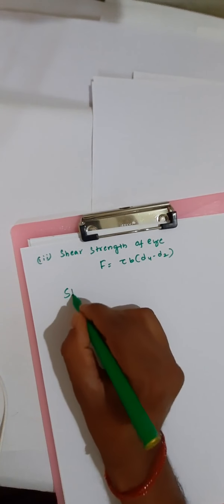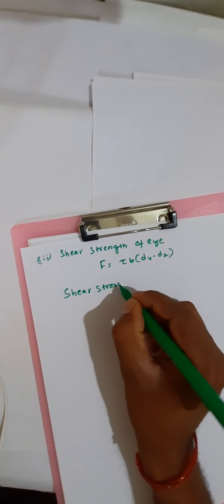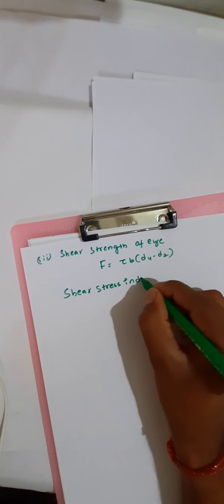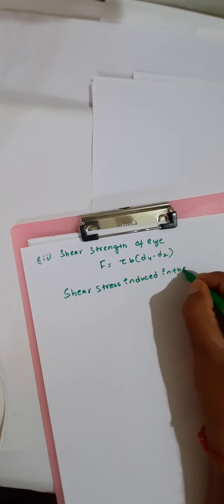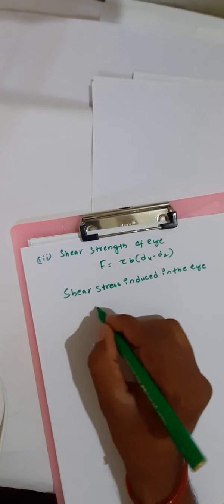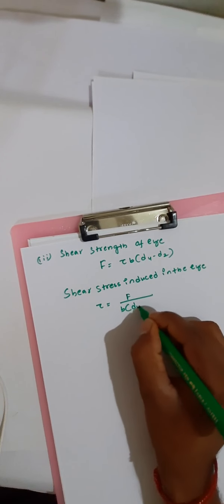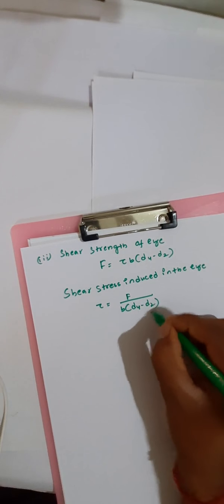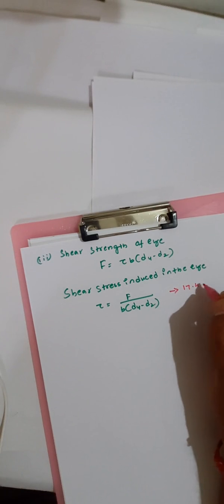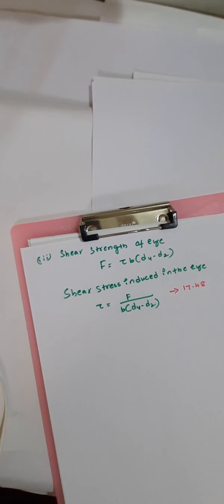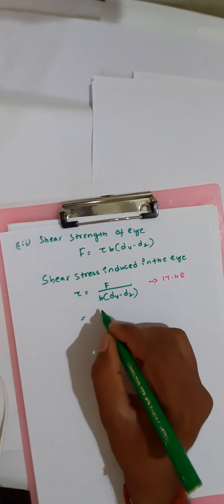So here the shear stress induced in the eye is tau is equal to F divided by B into D4 minus D2. This equation is available in the design data handbook, the equation number 17.48.